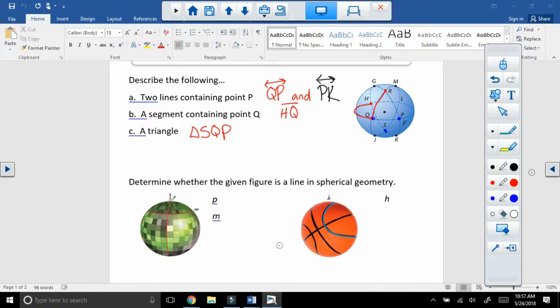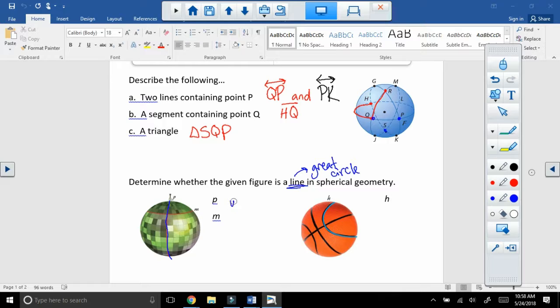Okay, for these pictures here, we have to decide whether this is a line in spherical geometry. In order for it to be a line, it has to be part of the great circle, the circle that goes through the biggest part of the sphere. So for this example, is P a line on that sphere?